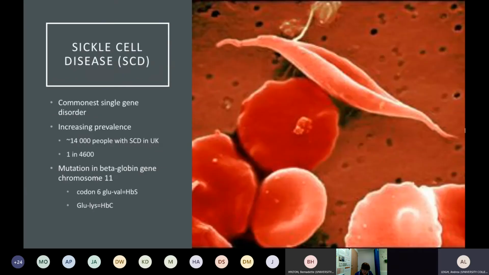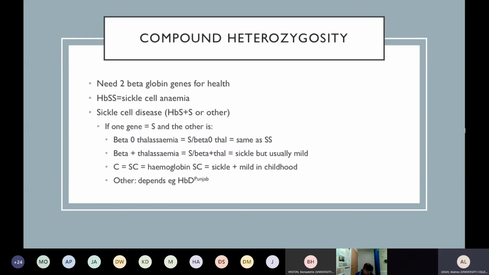As Bernard mentioned, he's done a bit about the background of sickle cell disease. It is the commonest single gene mutation disorder in the UK now, and within our clinic we have around 100 children with red cell disorders.